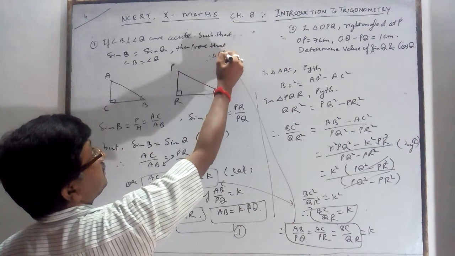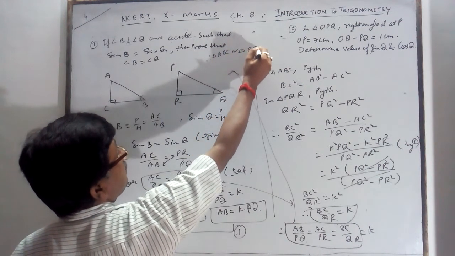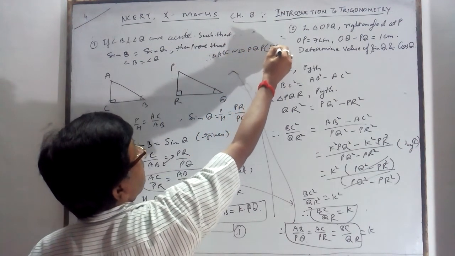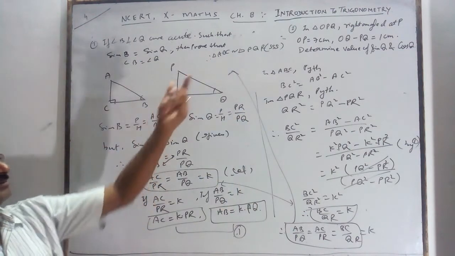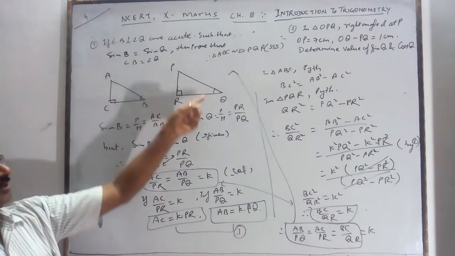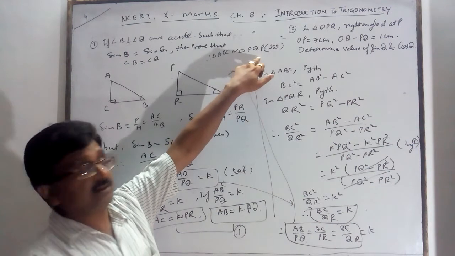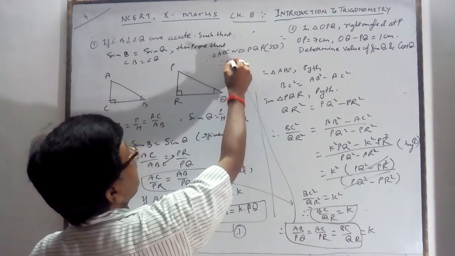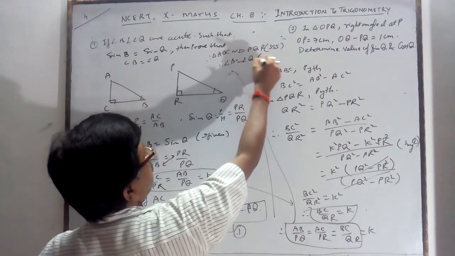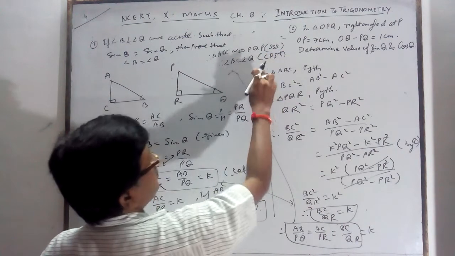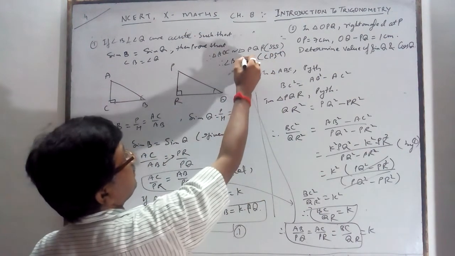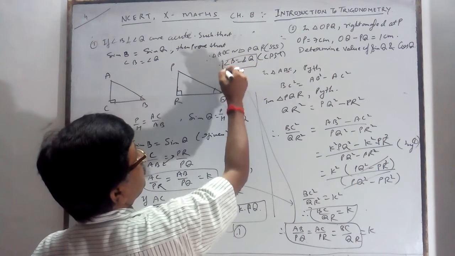Therefore triangle ABC is similar to triangle PQR by SSS similarity. So angle B is equal to angle Q by CPCT, corresponding parts of similar triangles. Hence proved.